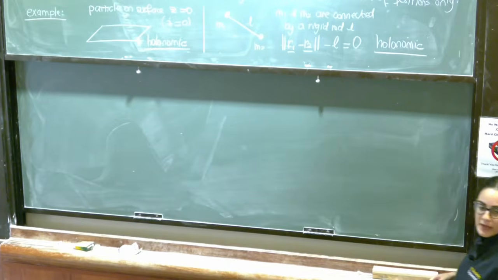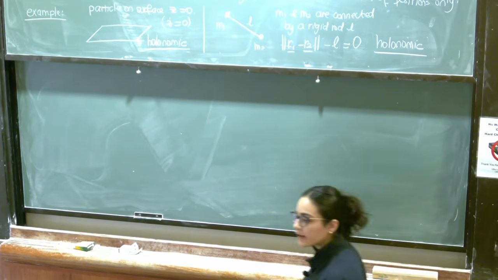Can anyone think of any other holonomic constraints? For a projectile, what would be the constraint acting on the motion?